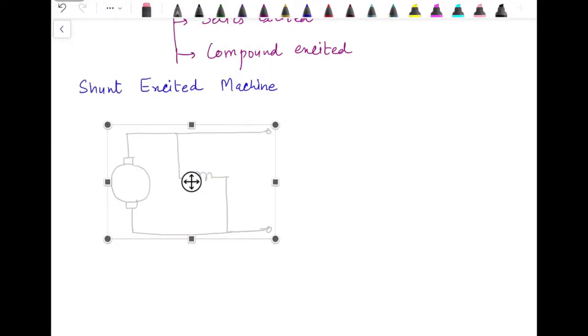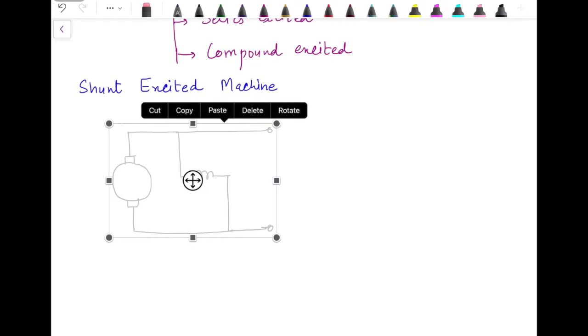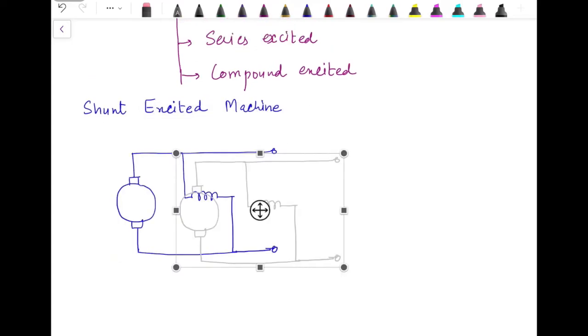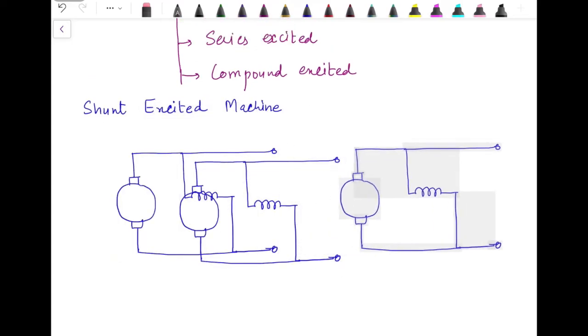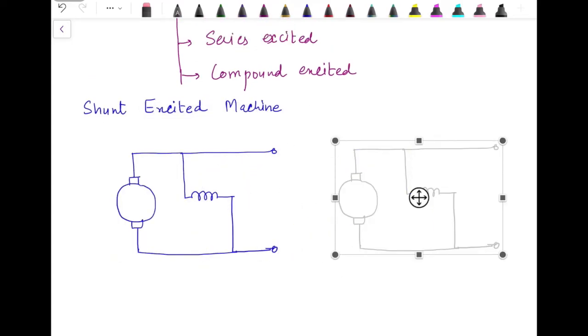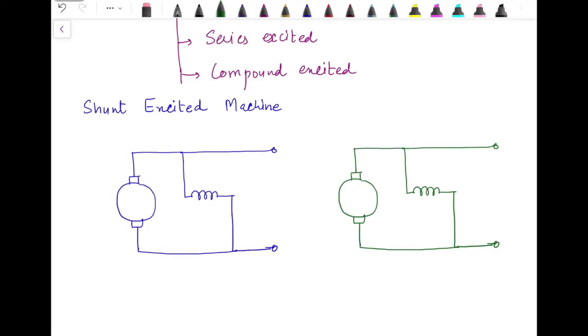The equivalent is the same for the motor as well. The difference lies in the flow of current. So this one I am going to use for the generator.